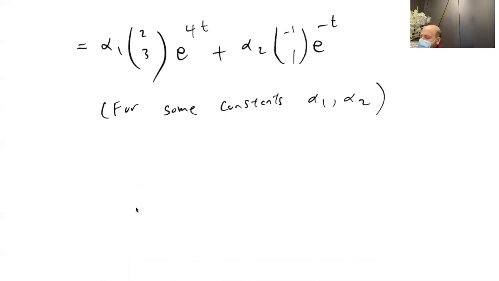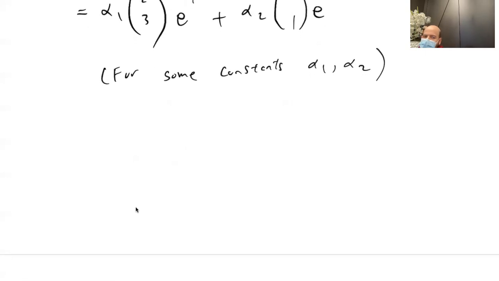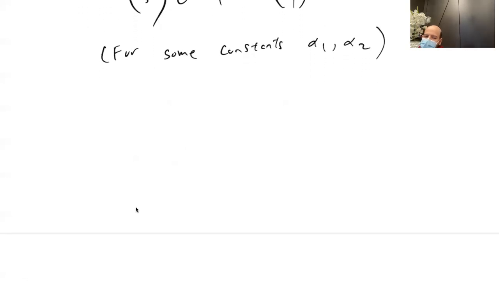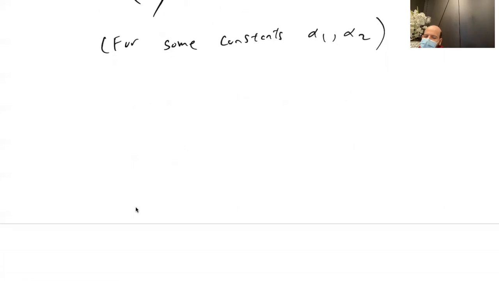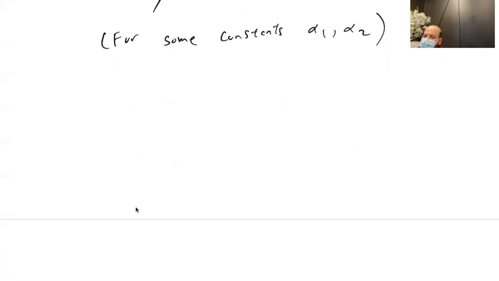Now for xp, the non-homogeneous part, we can use undetermined coefficients, so we can guess the general form of xp.